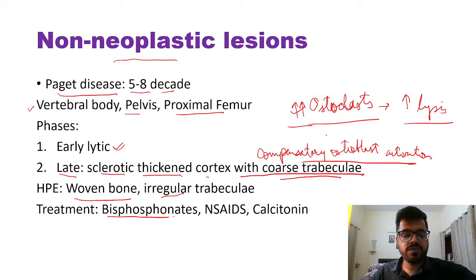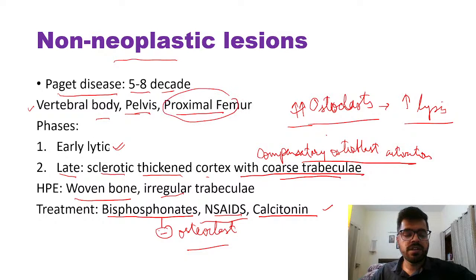Treatment is bisphosphonates to inhibit osteoclast activity, NSAIDs for pain, and calcitonin. So it is seen in 5th to 8th decade, most commonly in the vertebral body and pelvis, maybe in the proximal femur. Early lytic and late sclerotic phase are seen.